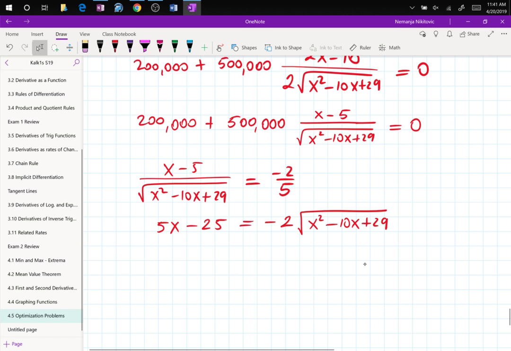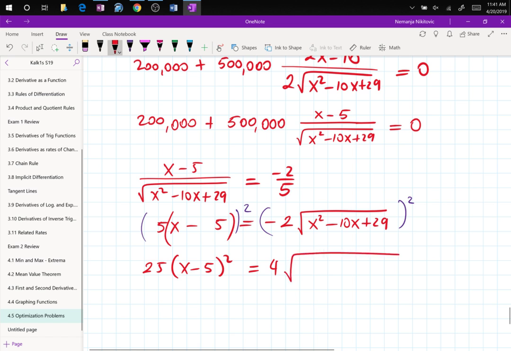Actually, I'm just going to keep it this way. Now when I square both sides to kill the root, we will also kill the negative. I have 25 times (x minus 5) squared is equal to 4 times (x squared minus 10x plus 29).